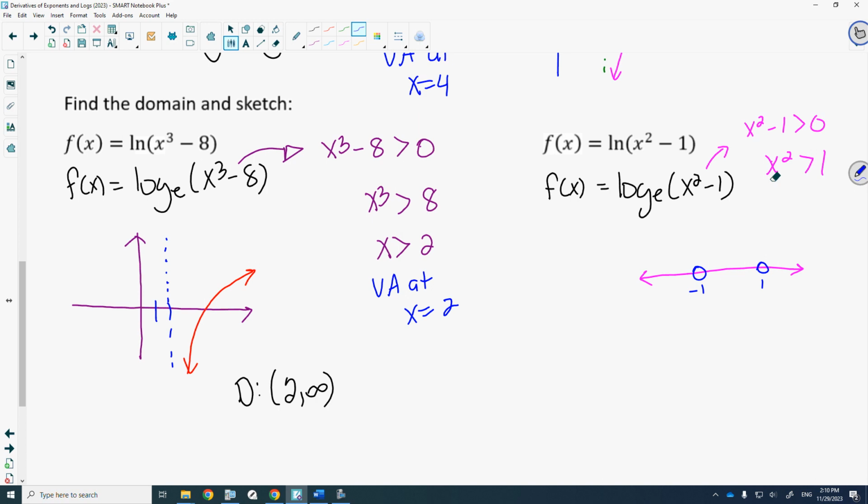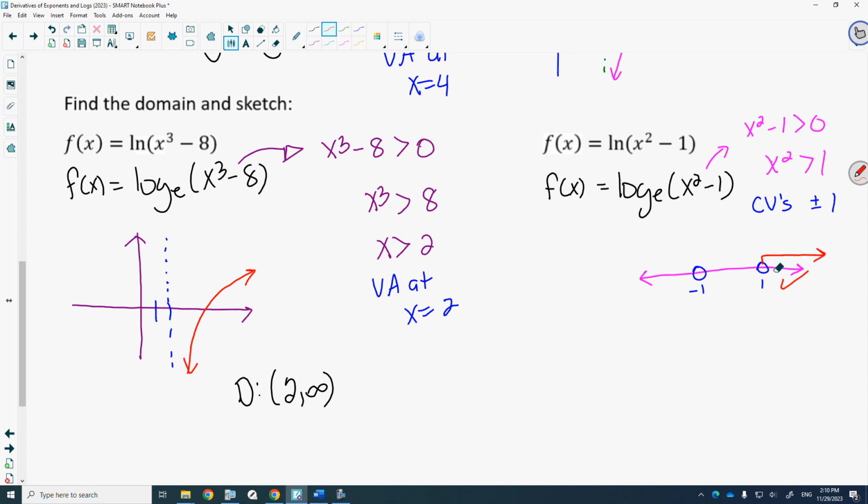We know that our critical values are at plus or minus 1. Which regions would make a true statement? For example, if I pick a number greater than 1 and I put 2 here, 2 squared is 4. Is 4 greater than 1? Yes, that would be a true statement.